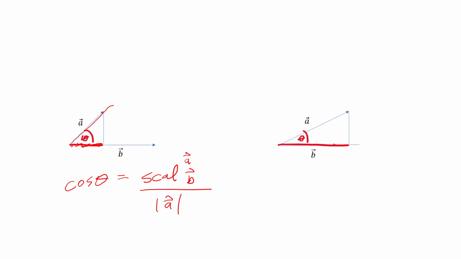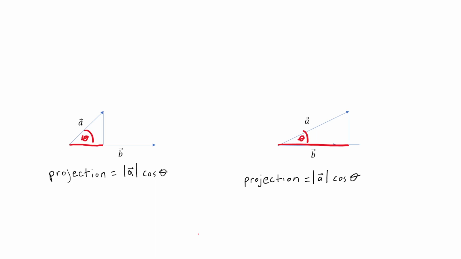Then multiplying both sides by the magnitude of A, we would get the magnitude of A times the cos of theta equaling the scalar projection of A onto B. Okay? And so that's what we show here. The projection will equal the magnitude of A cos theta.